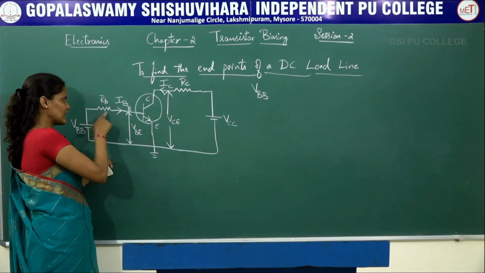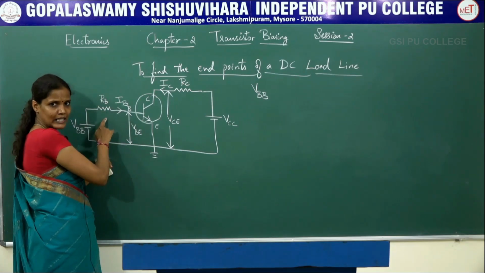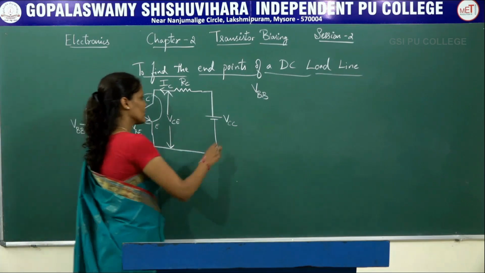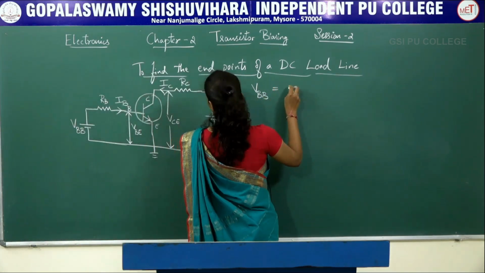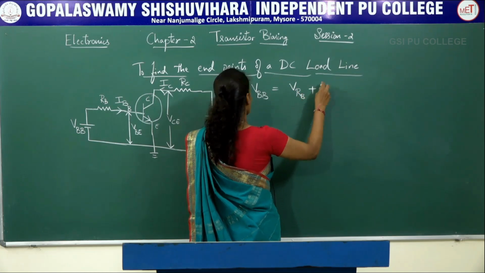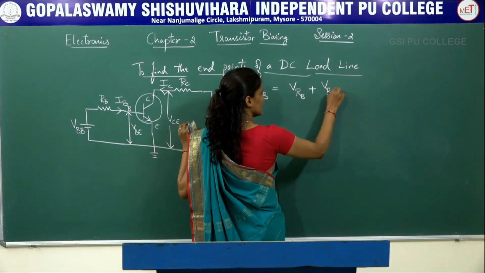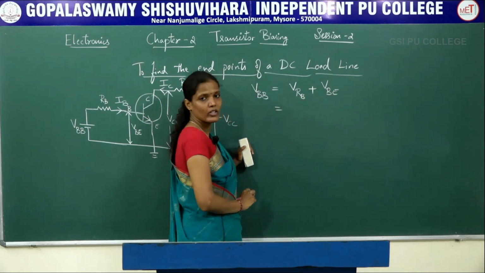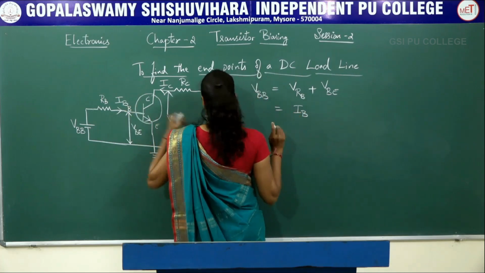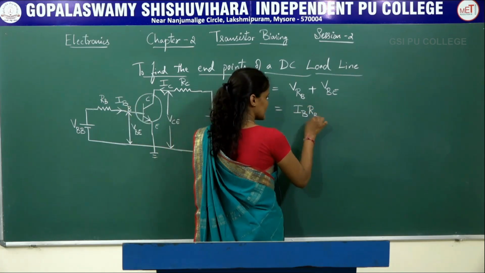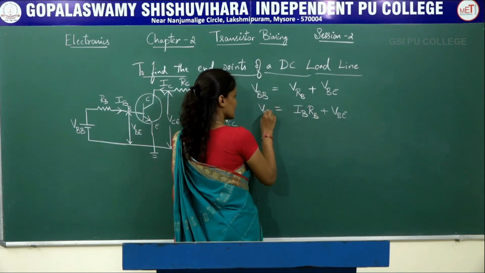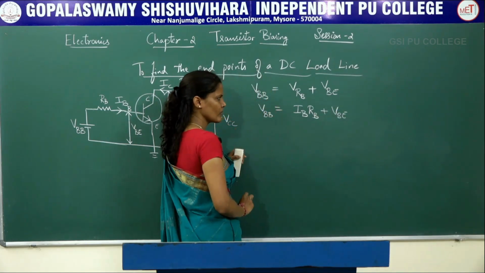So VBB is the voltage drop across RB plus the voltage drop across the junction. The voltage drop across the resistor RB is the current flowing through that resistor, that is IB, into RB, plus VBE. So this is VBB.